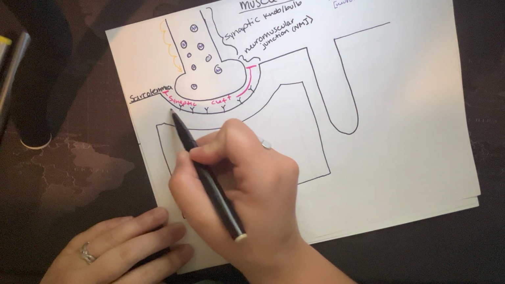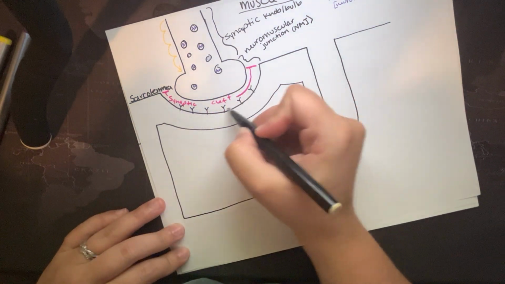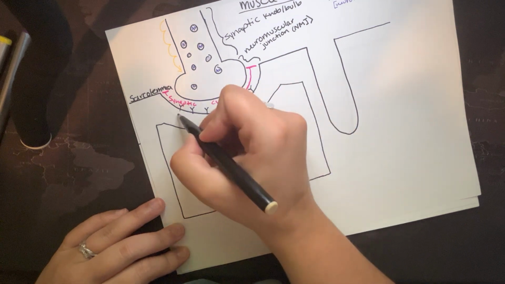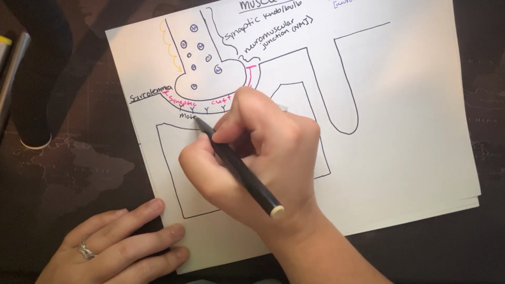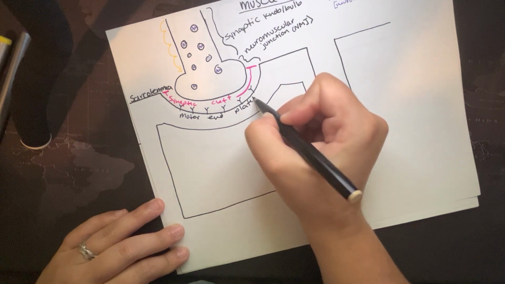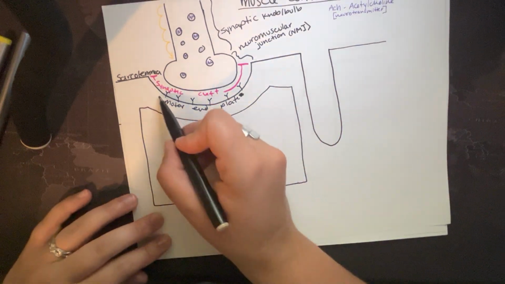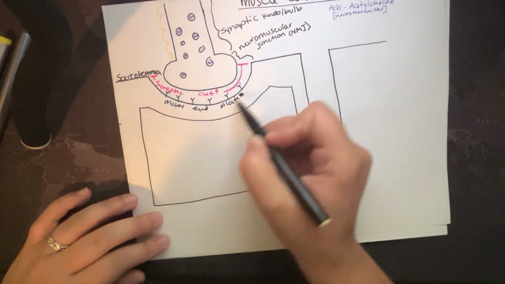Now, this part of our sarcolemma also has a special name. Where our receptors sit waiting for a neurotransmitter, this is going to be called our motor end plate. So our motor end plate is going to be what sits right down here.